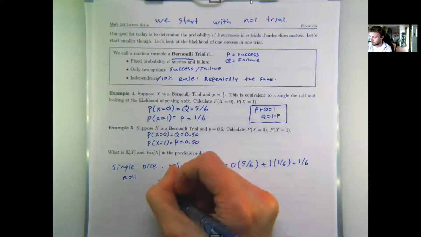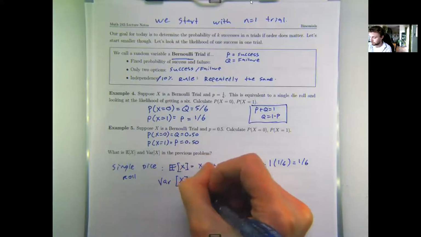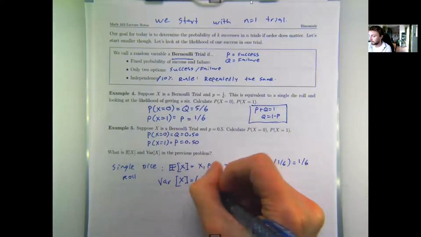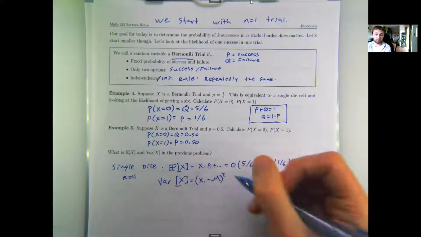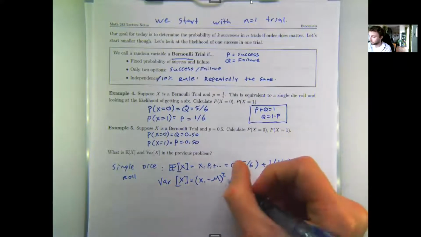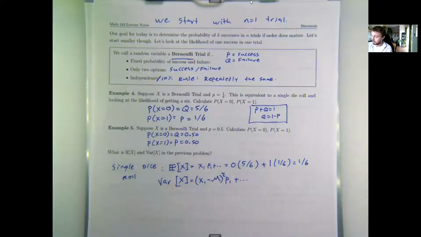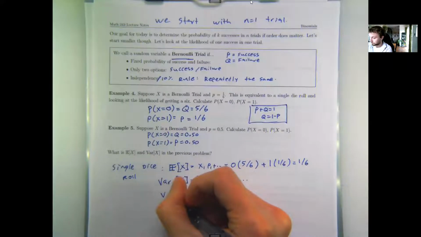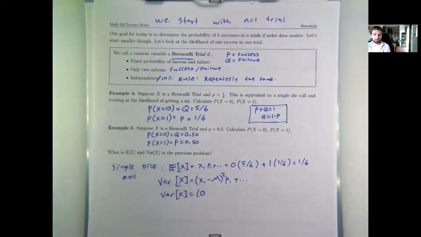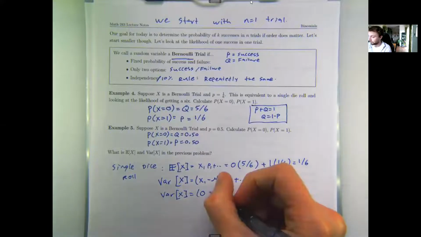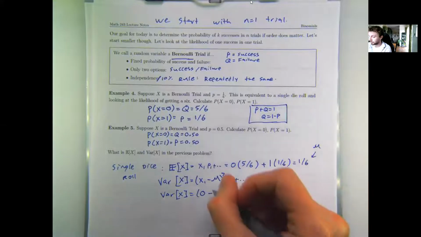If I want the variance, I'm going to take x values minus the average, square them, times their probabilities, and I'm going to add them up. So my variance here will be 0 for the first outcome, minus, and I just got an average or an expected value of 1/6, so I'm going to put that here.